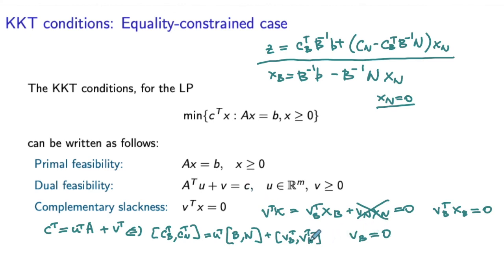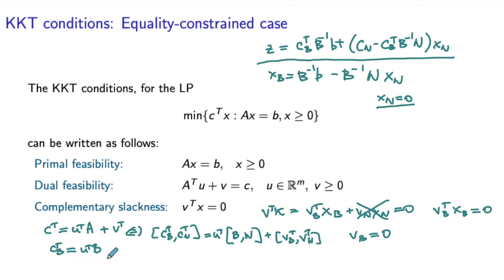So recall that our VB was set to 0 in order to satisfy the complementary slackness. When we set VB to 0, here is what we get from this system. Let's write the basic and non-basic parts separately. We'll have CB transposed is given by U transposed times B, and then plus VB transposed, but recall that VB transposed is 0.